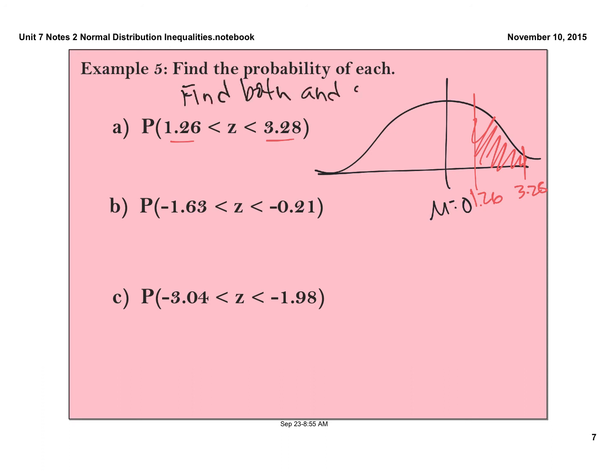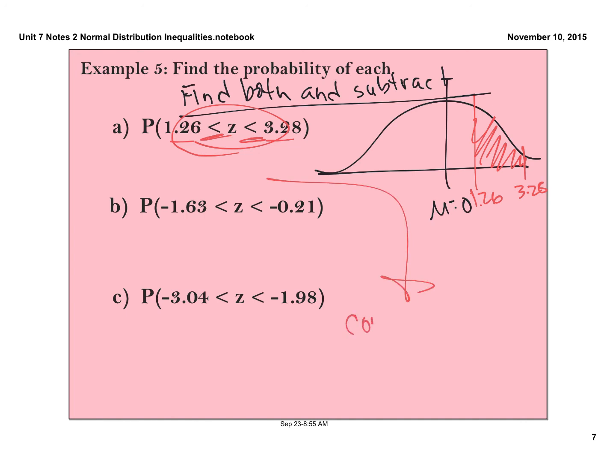This compound inequality, that's what this thing is right here. When you have the variable in between with two inequality symbols, that's called a compound inequality. And that compound inequality is a fancy way of saying between. So you want the data that's between those two values, and you find both and subtract. That's how we find it.